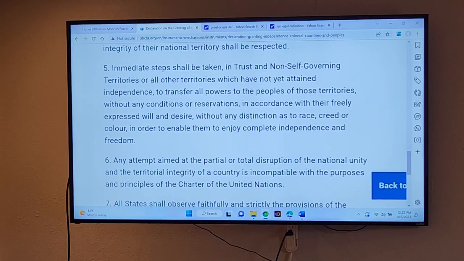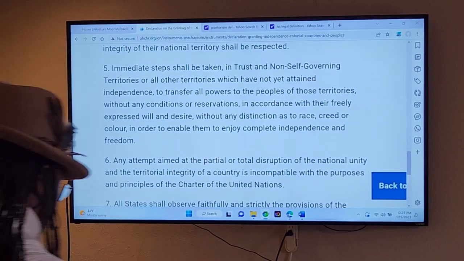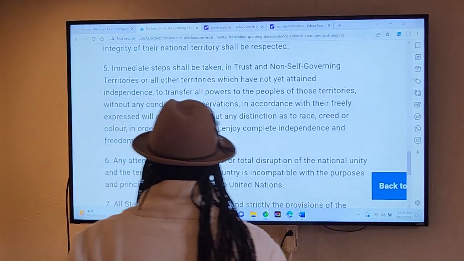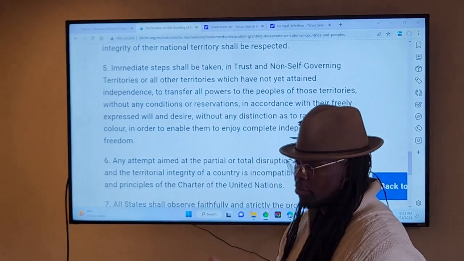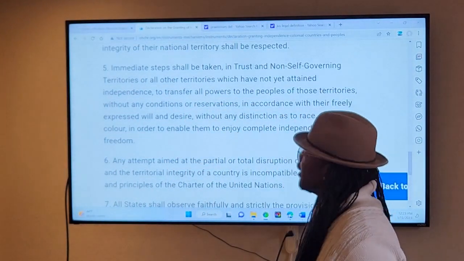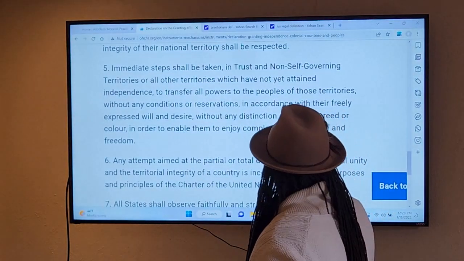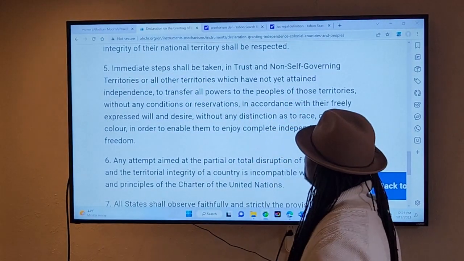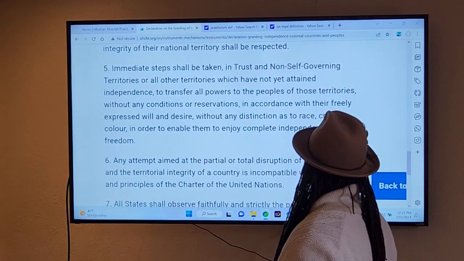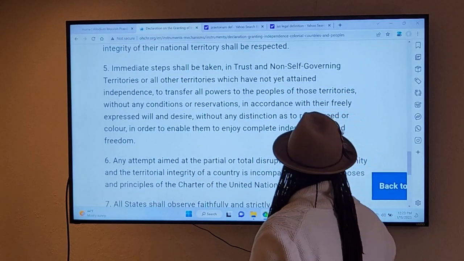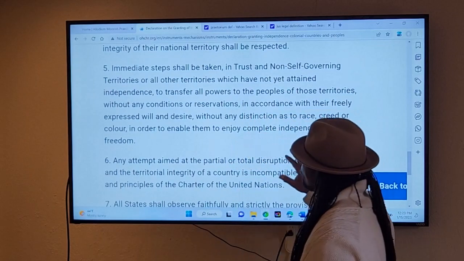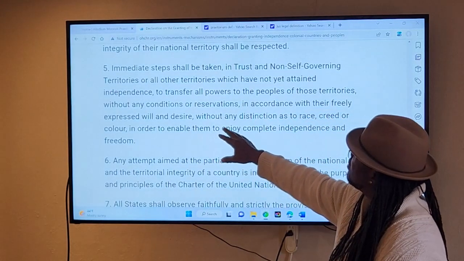Okay. But what this is saying to me, and more importantly, immediate steps shall be taken, so they need to work with us as a state. In trust and non-self-governing territories, or all of the territories which have not yet attained independence, to transfer all power to the peoples of those territories without any conditions.